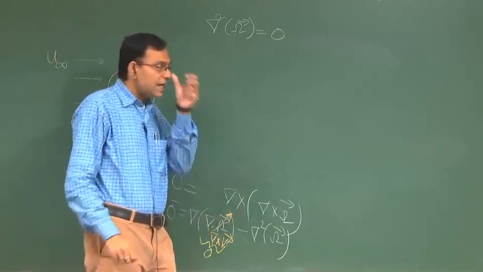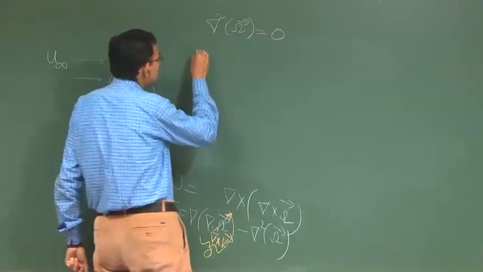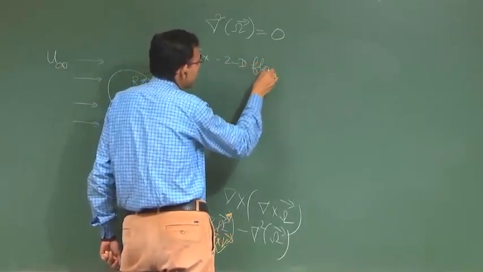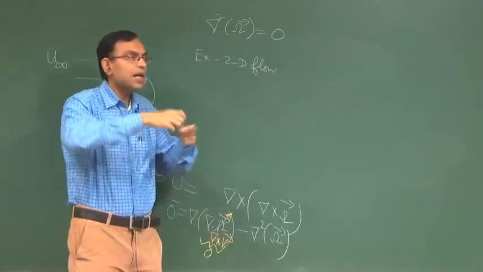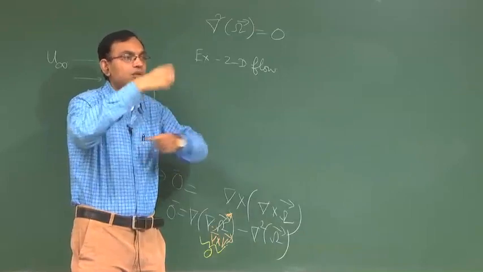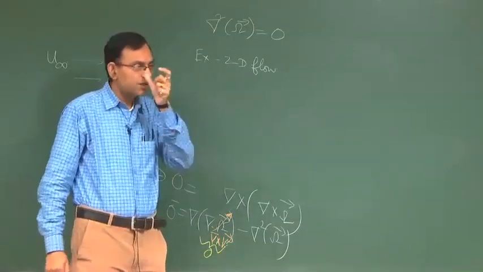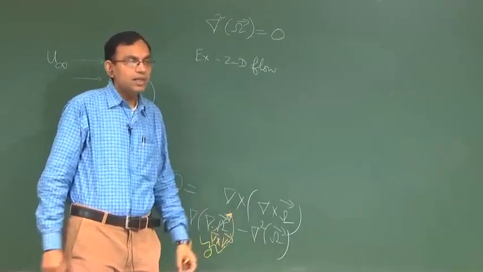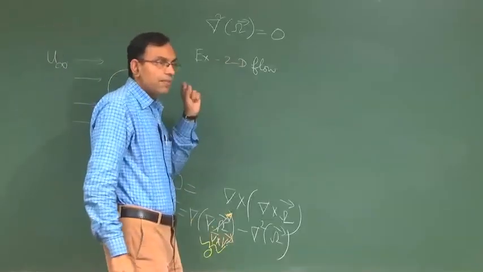So now take an example, do not take this example, let us take an example of a 2-dimensional flow. This is a 3-dimensional flow, right. I mean the flow may take place in a plane, but the geometry is 3-dimensional. So take an example of a 2-dimensional flow where you have only 2 velocity components u and v.